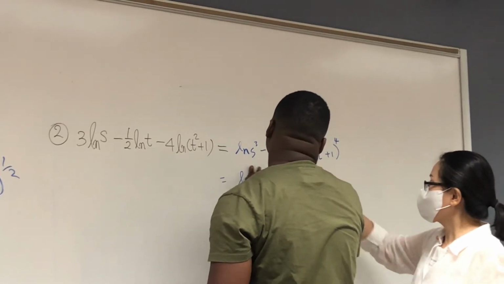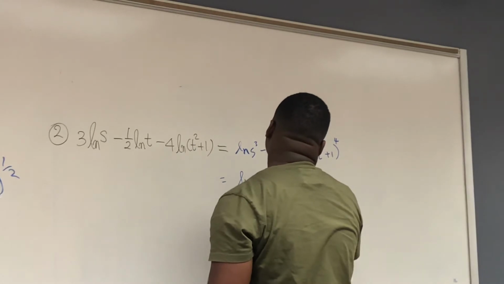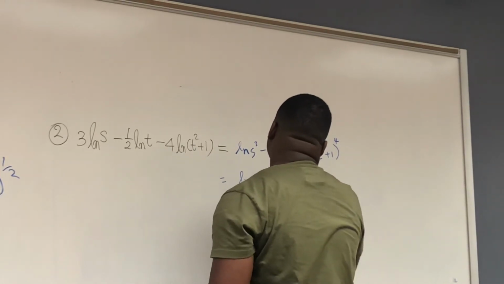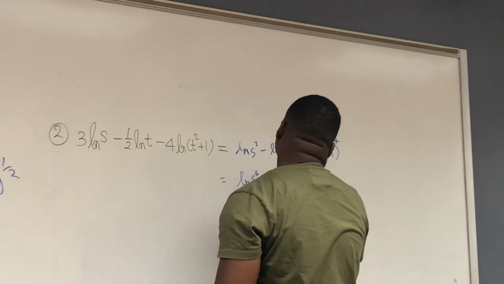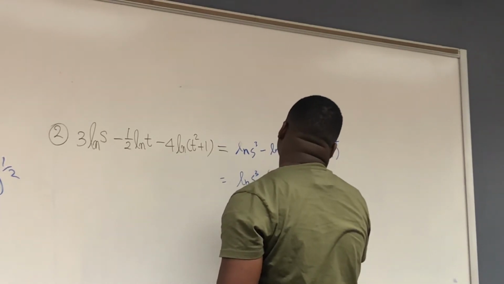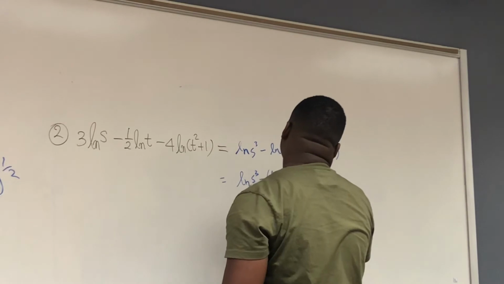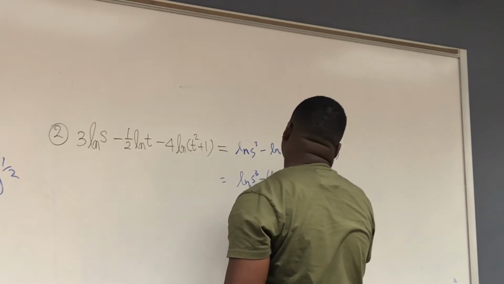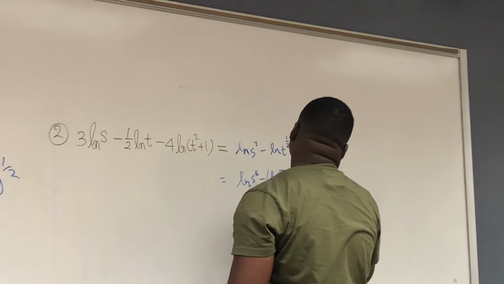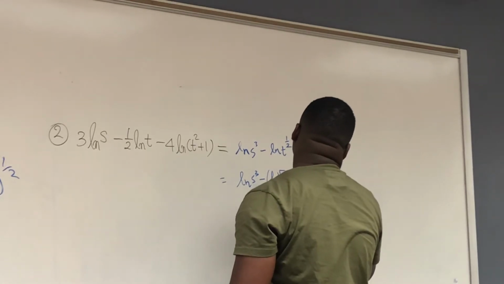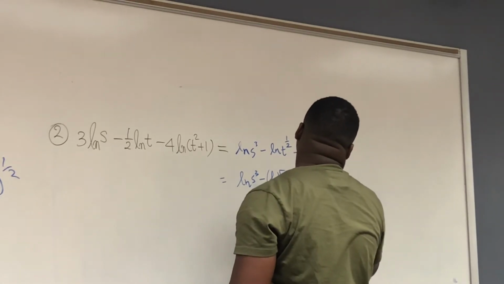Subtract and then inside plus. Yeah, and then square root of T, minus parentheses, and then square root of T plus T squared, plus 1 to the power 4.